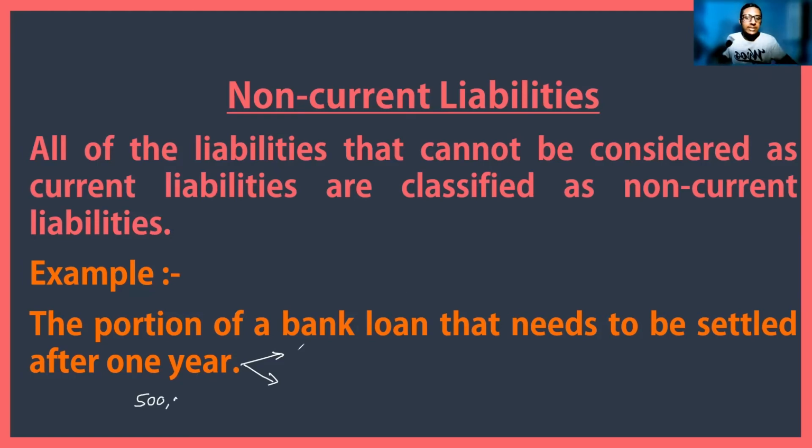In the first year, if we need to pay 100 of the total 500 as a portion of that loan, this will be considered a current liability because we have to pay within 12 months. I think you can understand what I'm saying. And the rest, 400, is considered a non-current liability because we need to pay that after 1 year.